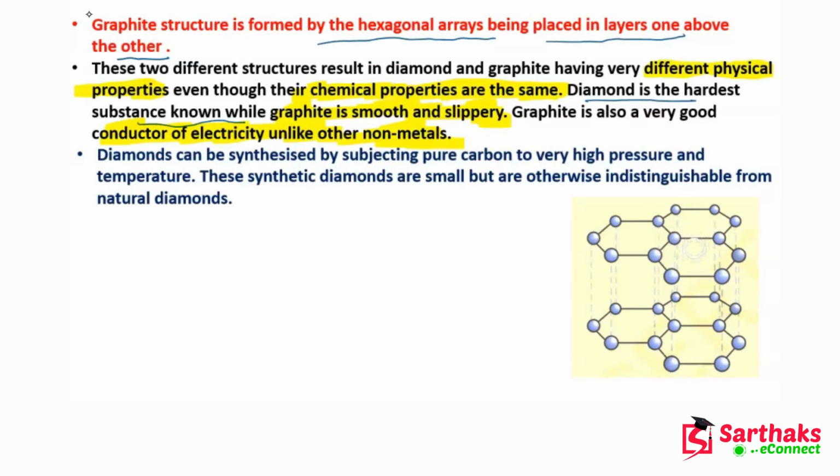It means one electron is free, and because of that it conducts electricity. But guys, we all know that non-metals do not conduct electricity, but here graphite is conducting electricity, and we also know the reason behind it.